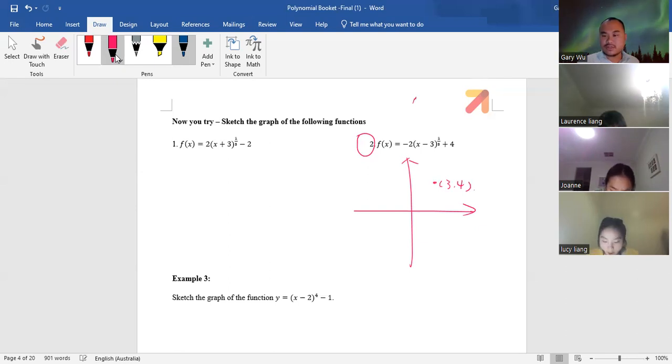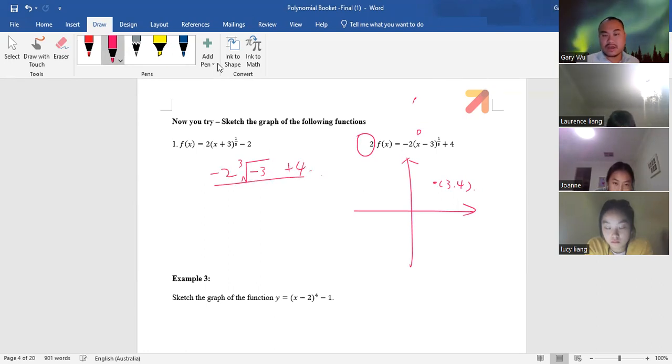Okay, and then I want to find the x-intercept and y-intercept. The y-intercept would be when x equal to 0. So that would be -cube root of -3, and then -2 plus 4. But how do we know where it is? We can just put that on our calculator, or we can approximate where it is. How can we approximate?